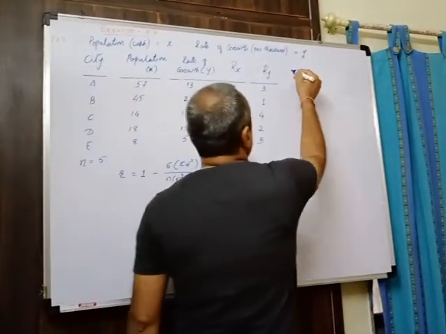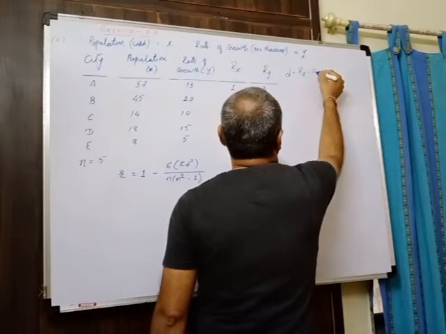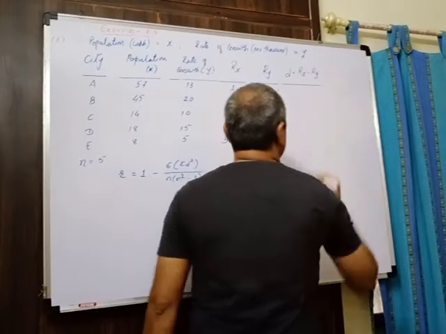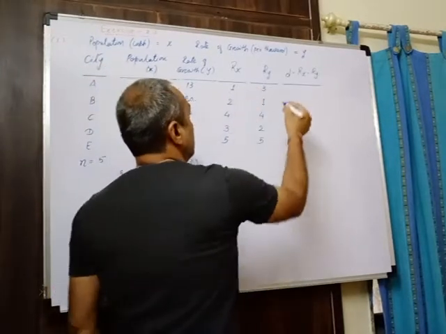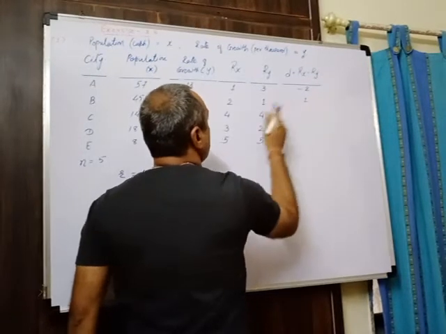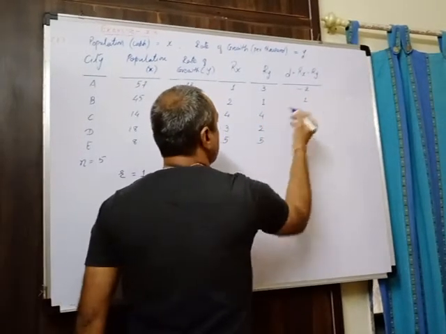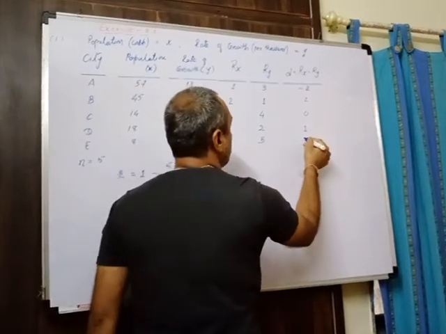First, the next column we are going to prepare is the d column, the difference of the ranks Rx minus Ry. The difference of these two columns: 1 minus 3 is minus 2, 2 minus 1 is 1, 4 minus 4 is 0, 3 minus 2 is 1, and 5 minus 5 is 0.